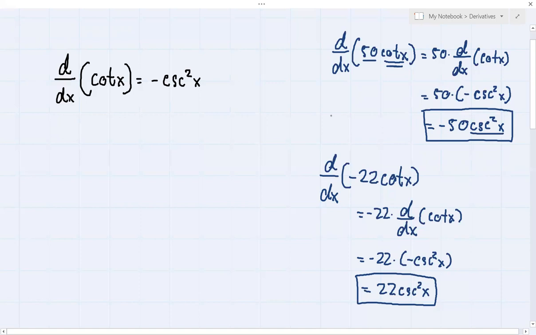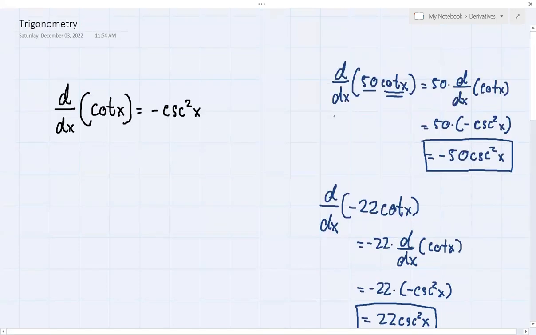Iba yung pagka-simplify niya ng sagot, 'di ba? So at least I'm giving you the options on how would you simplify your answer. Okay? So now, as you can see, we know how to differentiate a trigonometric function na may kasamang constant.